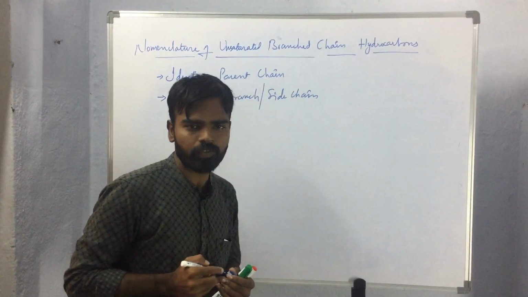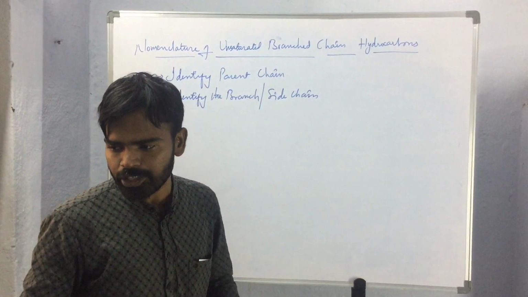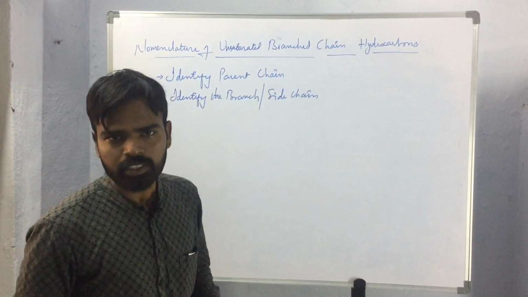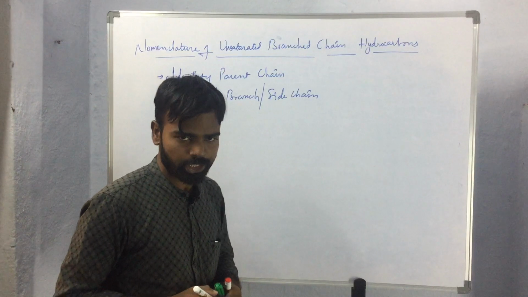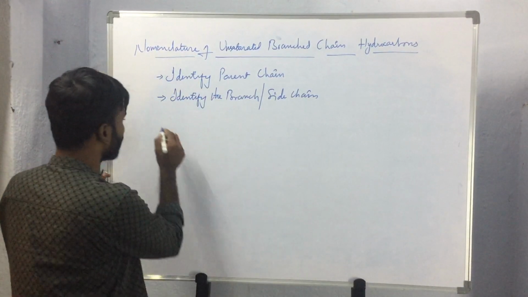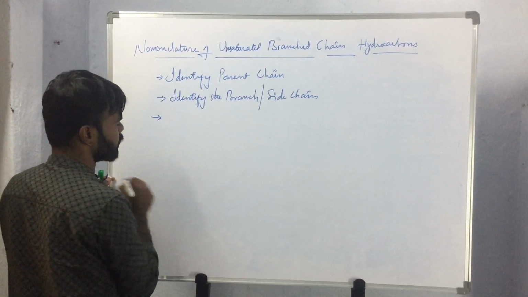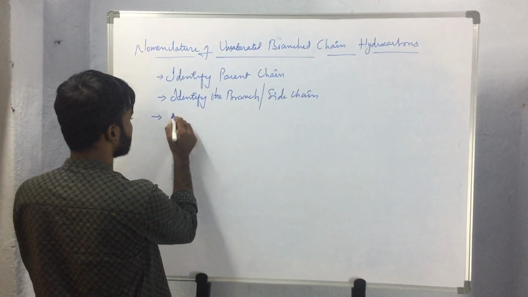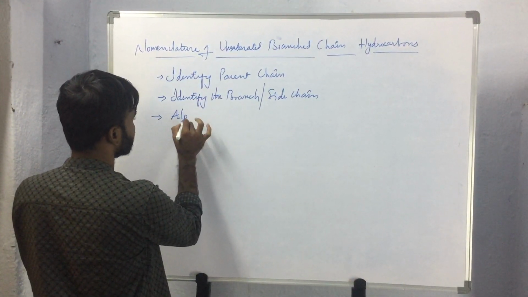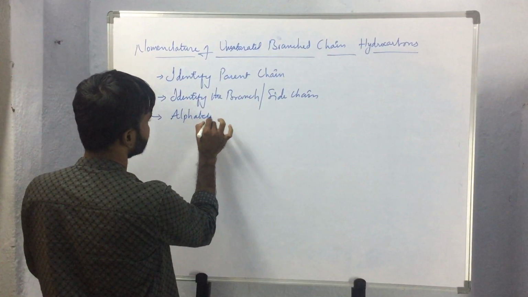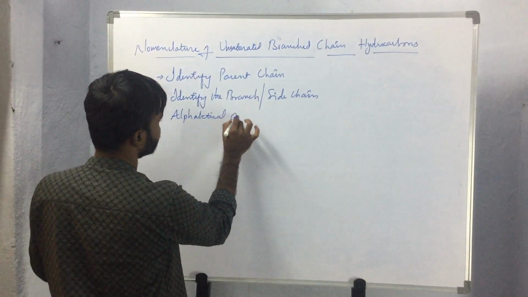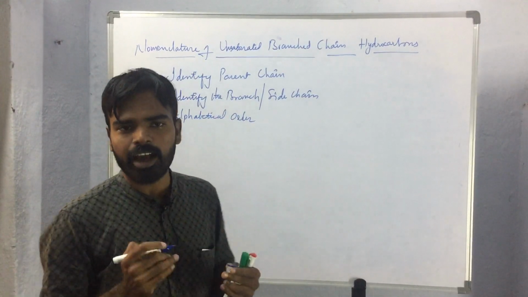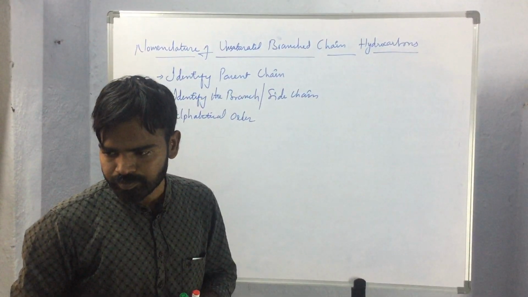If we have more branches or side chains, we have to name them, and those names have to be arranged in alphabetical order.